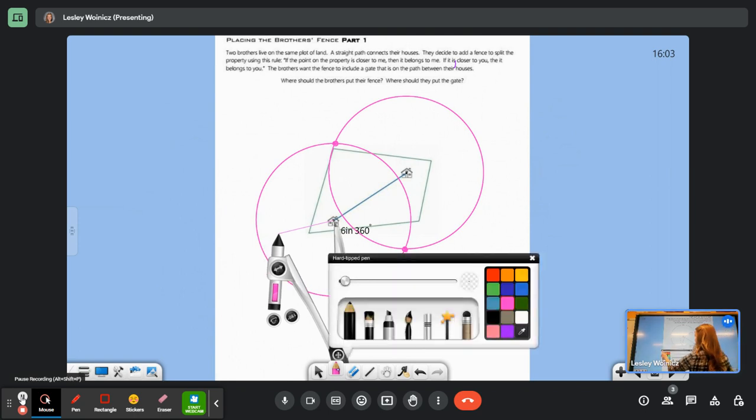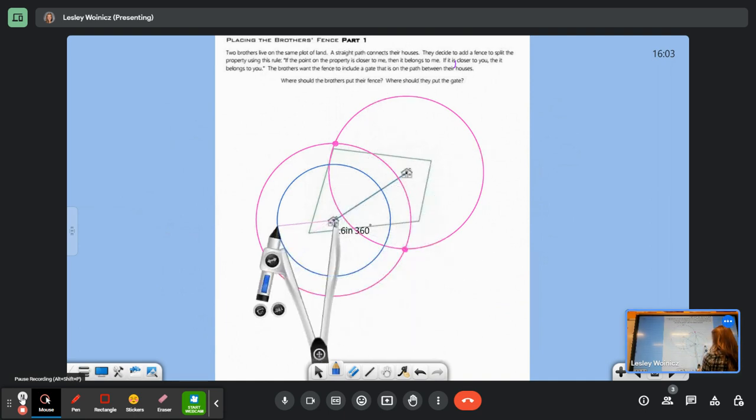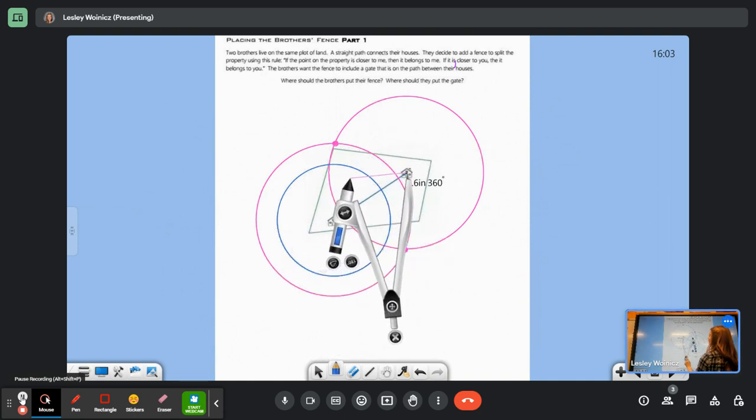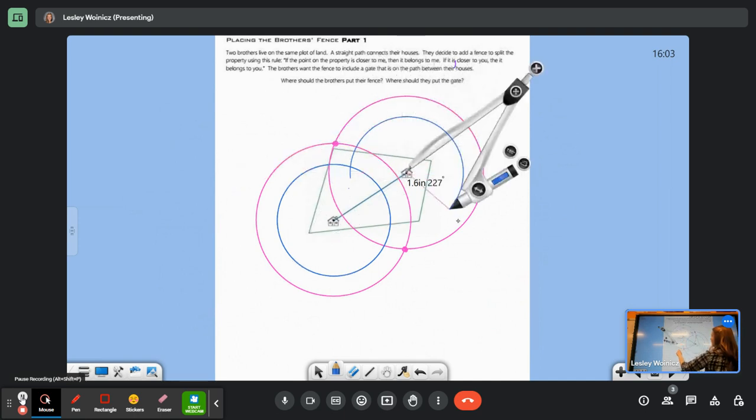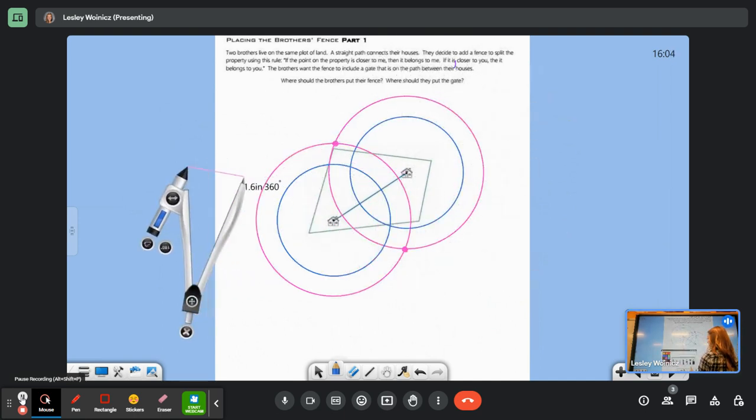Okay, now I'm going to do some blue circles. It's pretty fun, actually. Okay, and those arcs are intersecting here and here. Now what you'll find is if you keep doing this, you can have infinitely many settings for your compass.